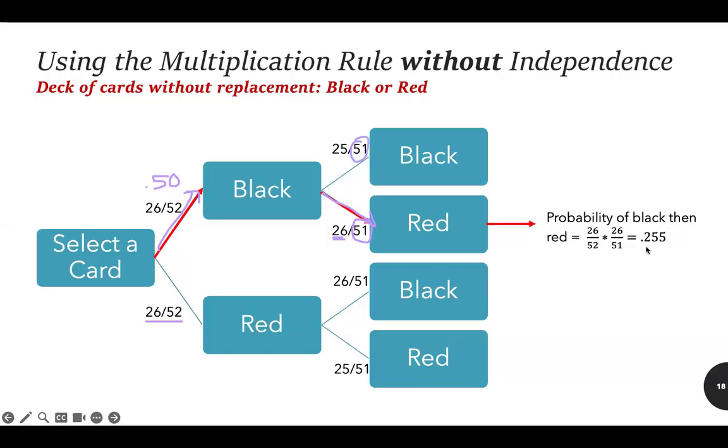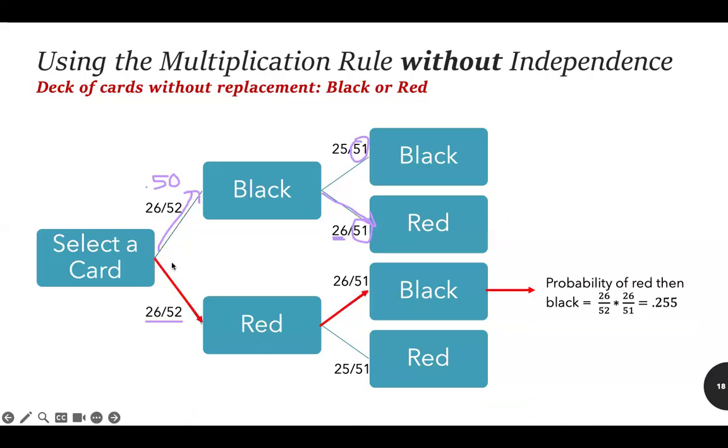So it's slightly different. And now you'll see that it's slightly higher because I have more red cards left in comparison to black cards. And if I keep doing this, you can see that, again, the probability of getting a red and then a black is going to be slightly higher because the black is unchanged.